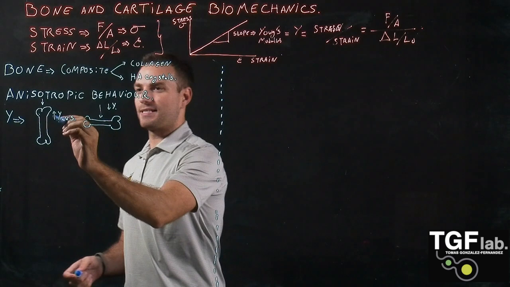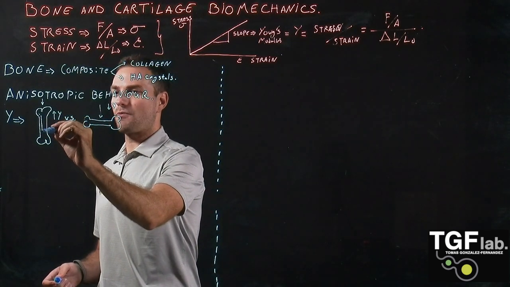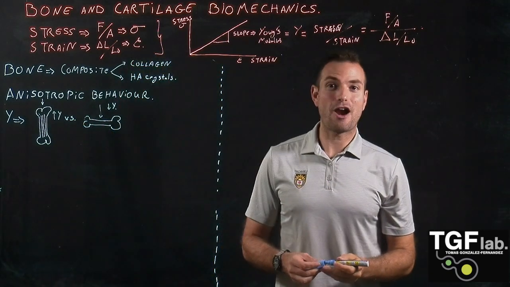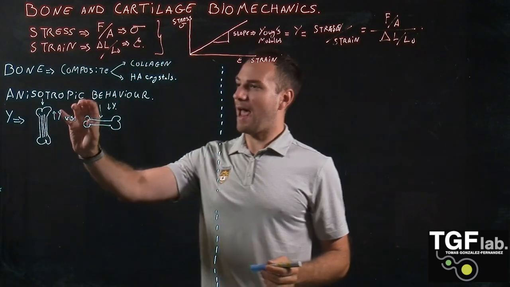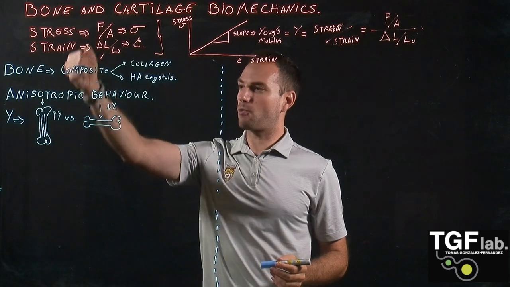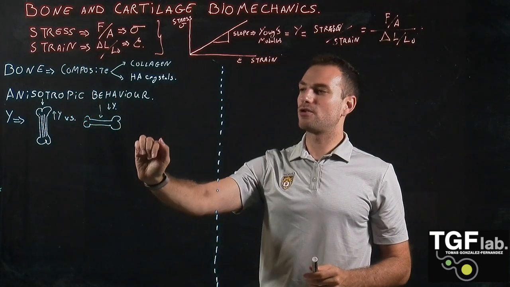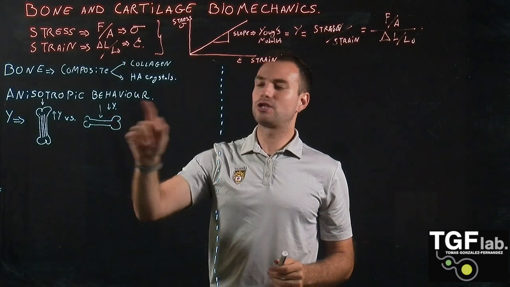And this is because in the bone we have collagen fibers that are well organized, and these are the reason why the Young modulus is going to be higher when we apply force in the longitudinal direction in comparison to the radial direction, where the Young modulus is going to be lower.